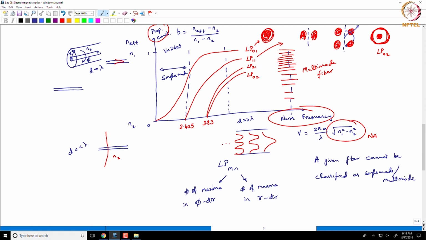It actually depends on lambda, and specifically this lambda over d factor. So, what is the dimension of the waveguide with respect to the wavelength? Okay. So, let us just take an example to illustrate that.